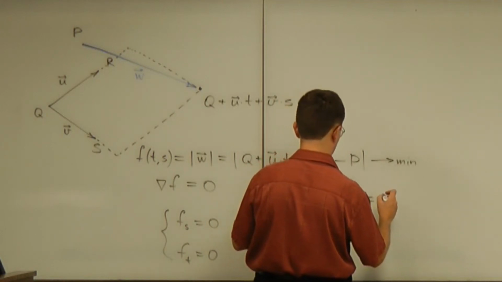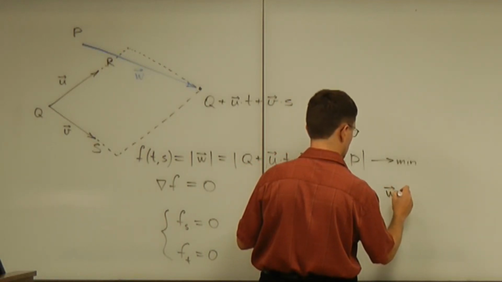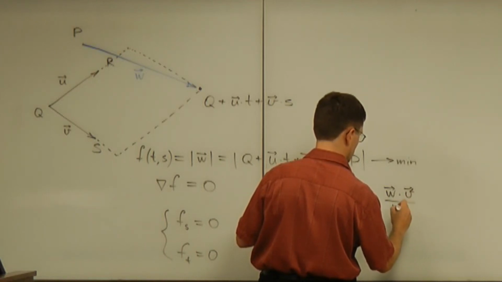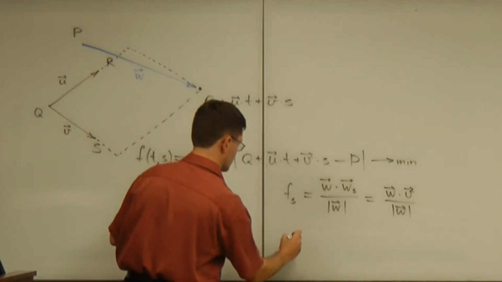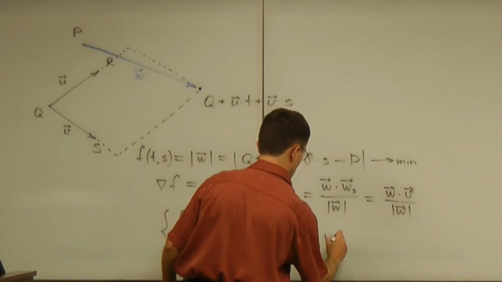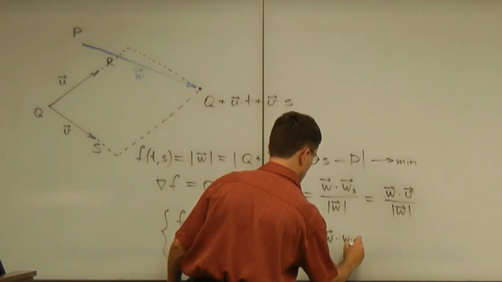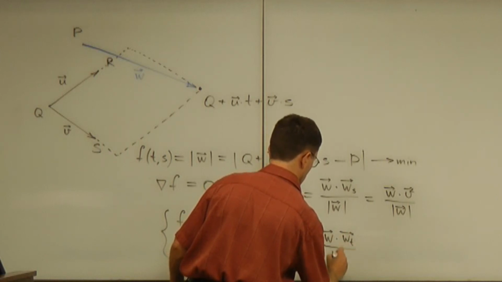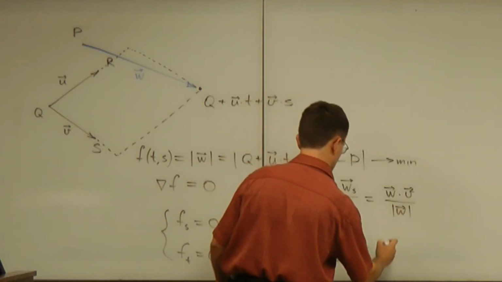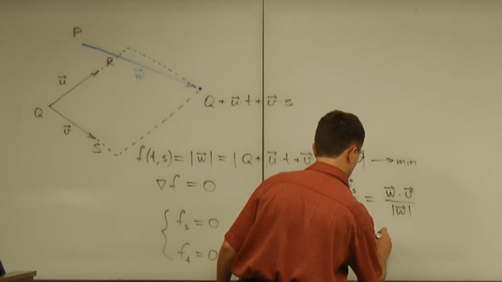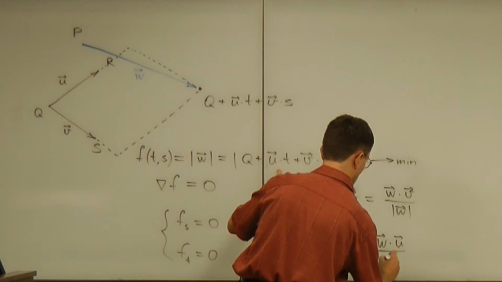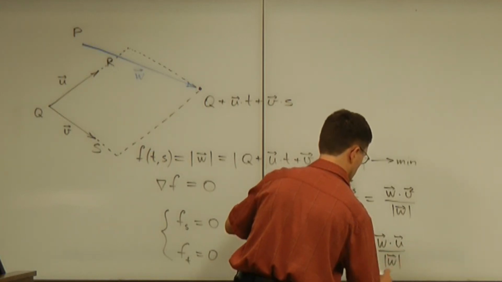So the partial with respect to s is w dot v over the magnitude of w, and the partial with respect to t is in a similar way w dot u over the magnitude of w.